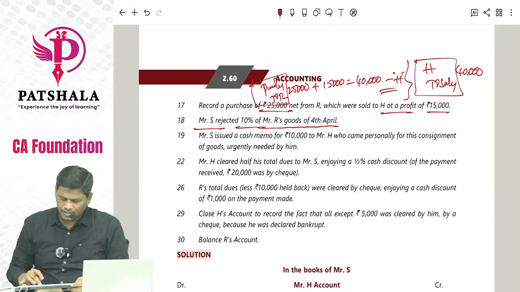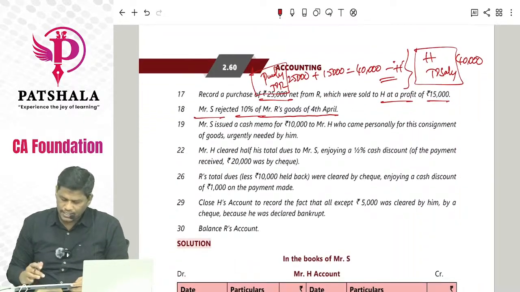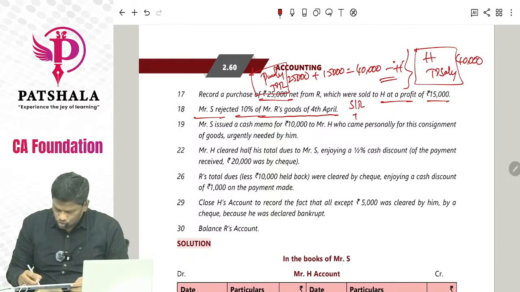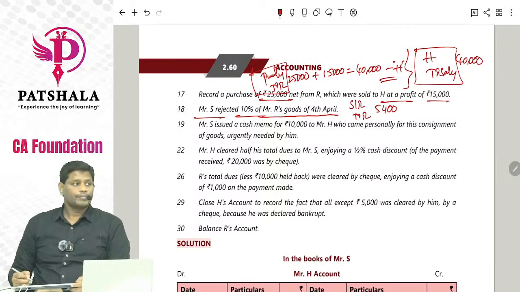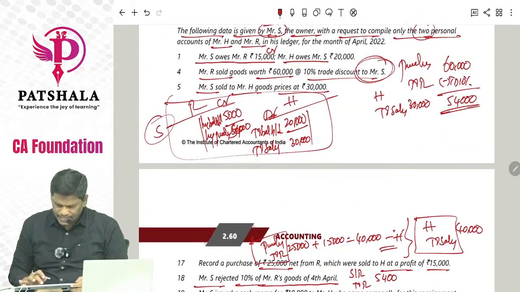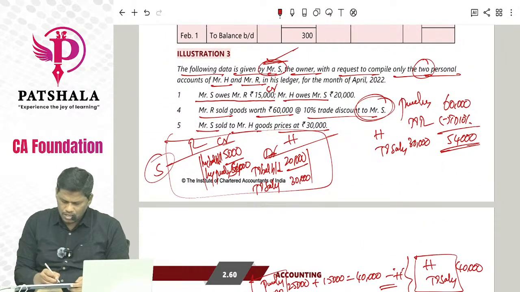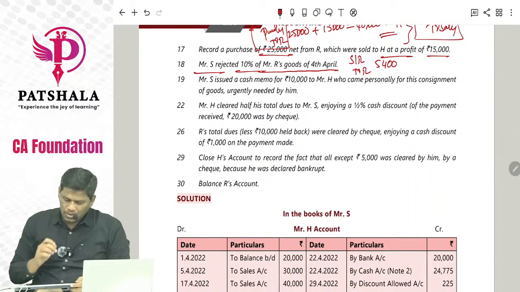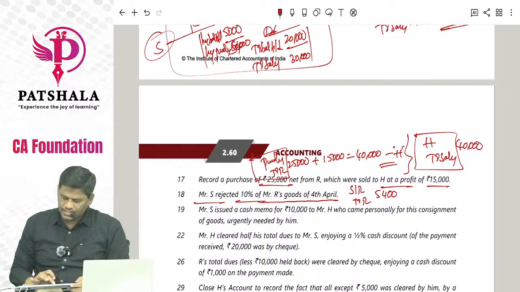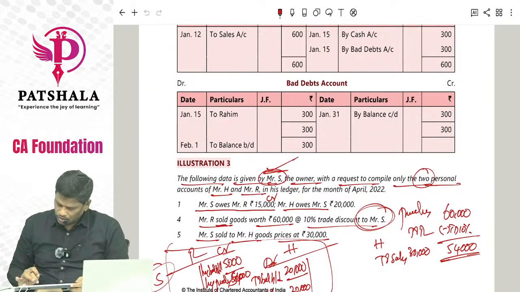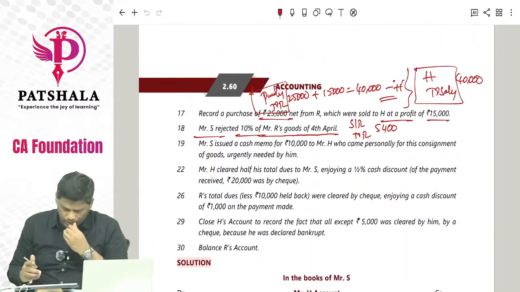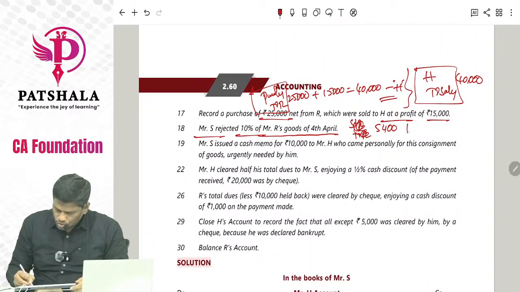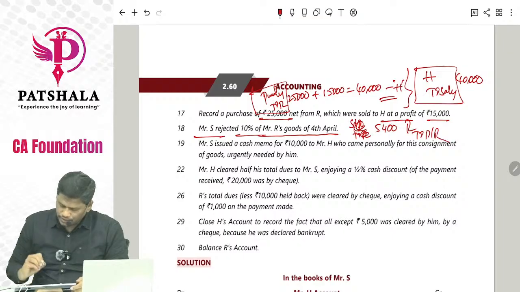What is the entry for that? Sales returns? Sales returns to R 5,000. Okay? Is it purchase or not? Don't you know? Mr. S rejected. He rejected, we bought. Purchase, it is purchase. So R to purchase return.